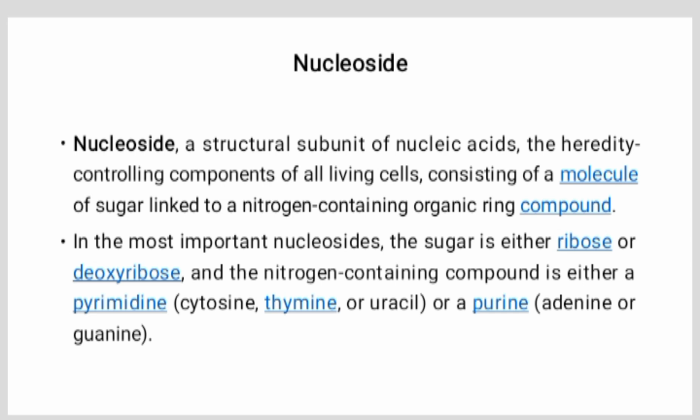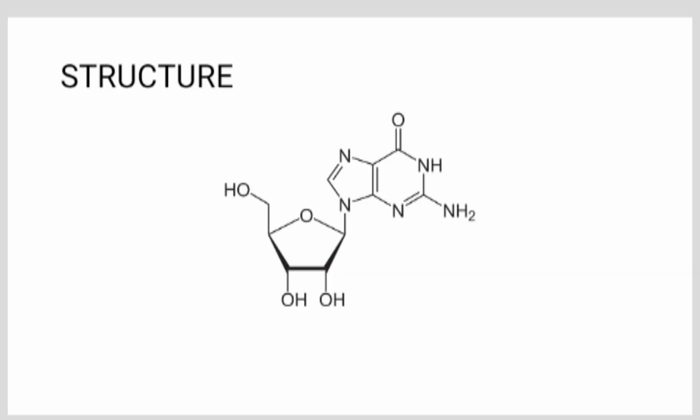Based upon the presence of ribose or deoxyribose sugar, they are components of RNA or DNA. Cytosine, thymine, and uracil are called pyrimidine nitrogenous bases; adenine and guanine are purines. This structure shows the nucleosides.